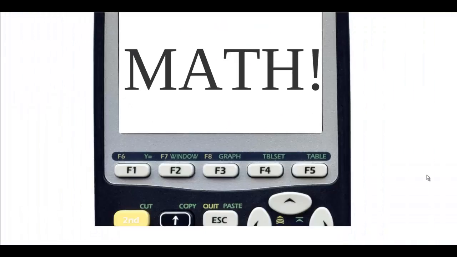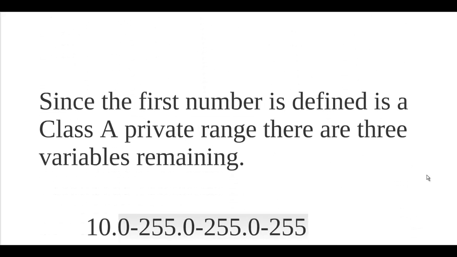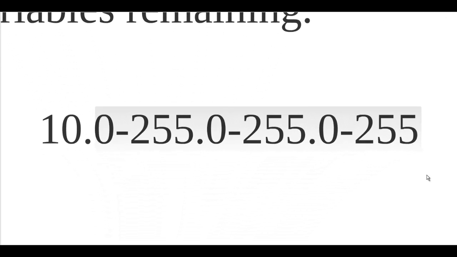Math, hello. So, if we remember how IP addresses are written, they are written in decimal format separated by periods. So number, and those numbers range from 0 to 255, dot 0 to 255, dot 0 to 255, dot 0 to 255. Now, that first number has already been defined for us, and there's three variables left over, and they are 0 to 255, 0 to 255, 0 to 255, sold.